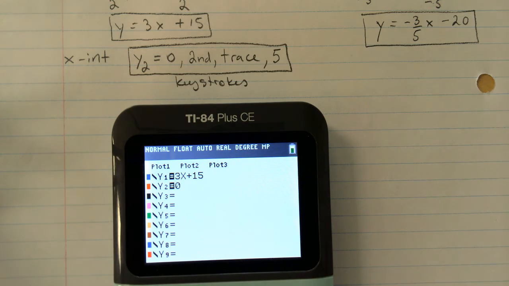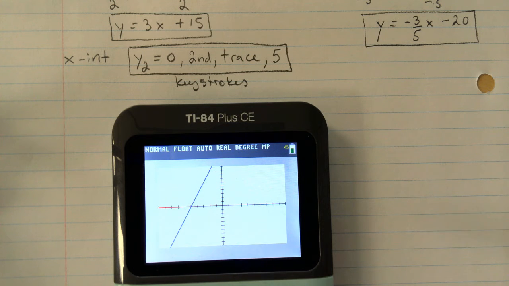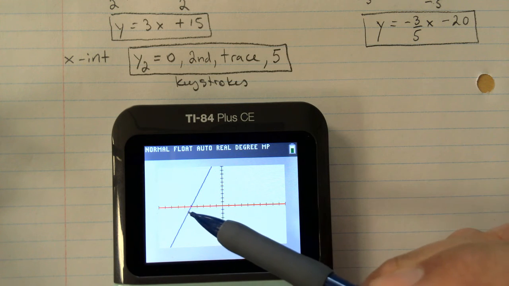Do you remember if y is equal to a number, what kind of line are we talking about? Horizontal line, right? So let's hit graph and see what happens. That's the line, the diagonal, and then this is your y equals 0 line, correct?